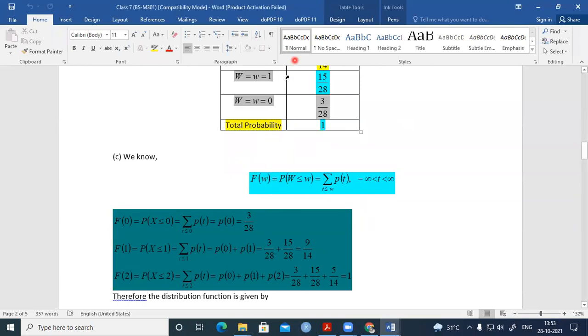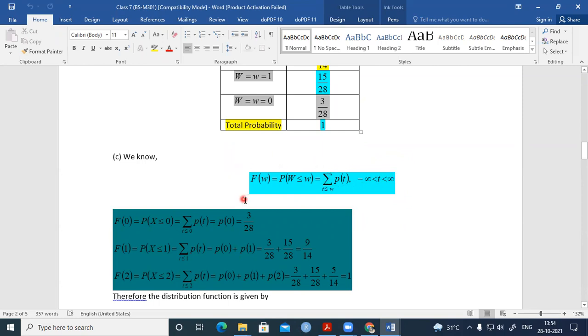The formula above was written in terms of X. Since we have used the notation W for the random variable, instead of X we have used W over here. So in place of Fx, we have written Fw, and by definition, which is probability of capital X less than or equal to small x, it is probability of capital W less than or equal to small w. And by definition, we have considered a real number T, which can be any real number from minus infinity to plus infinity.